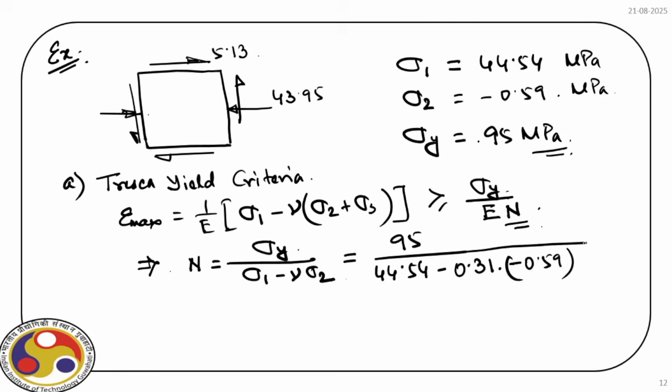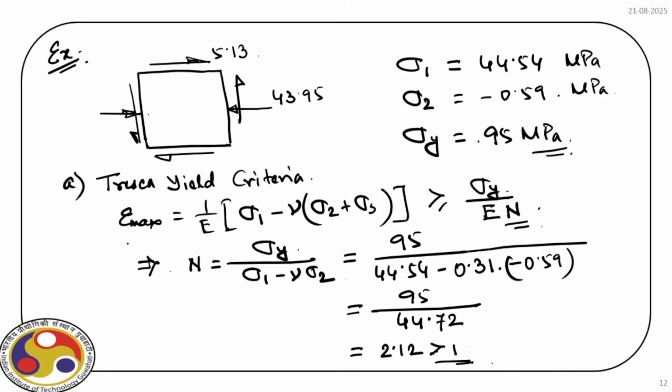And if you do that, you get a factor of safety. So it is 95 divided by 44.72. So this is 2.1. Okay. So it is more than 1. So in this design, we have factor of safety more than 1.